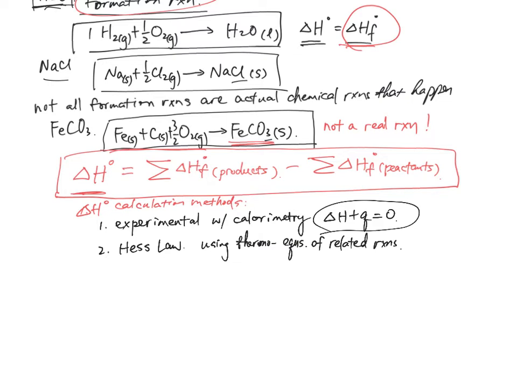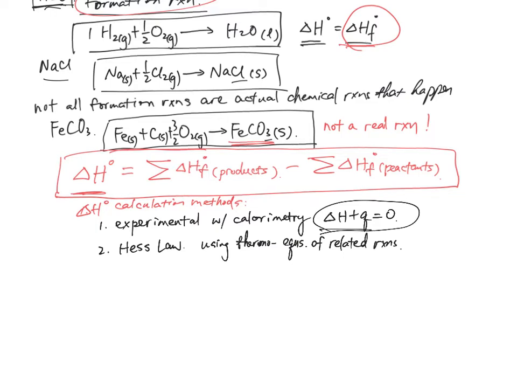Both of them are pretty complicated. For the first one, you're going to have to do experiments. You're going to need some equipment, and you're going to have to do a bunch of complicated calculations because the Q needs to be broken down. There are so many things involved.